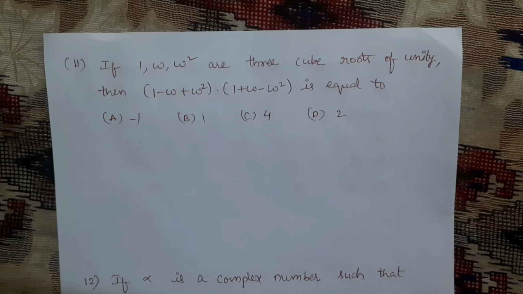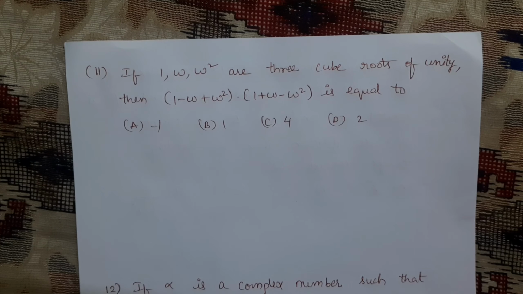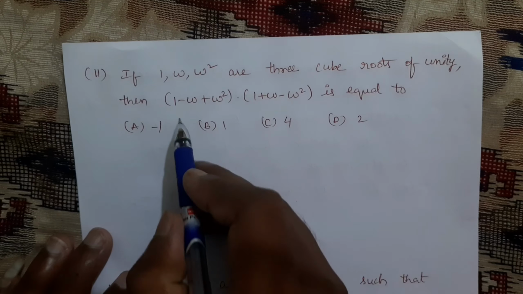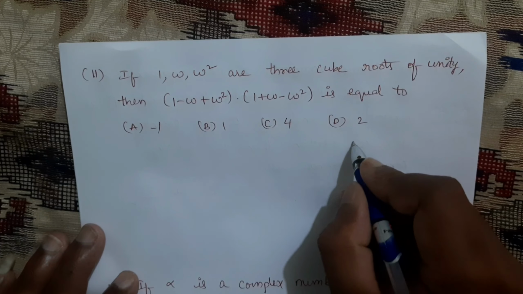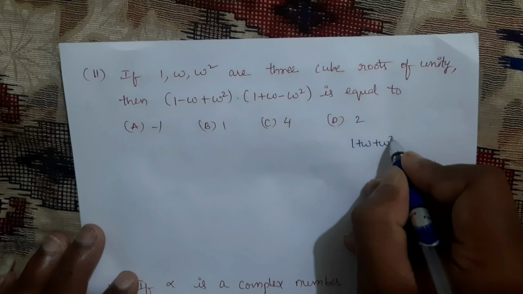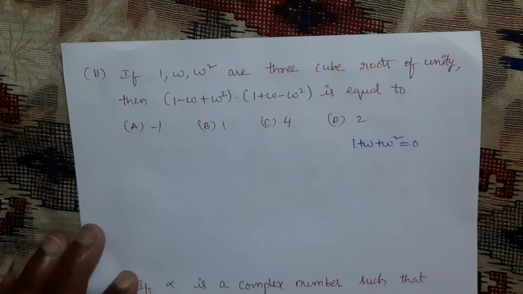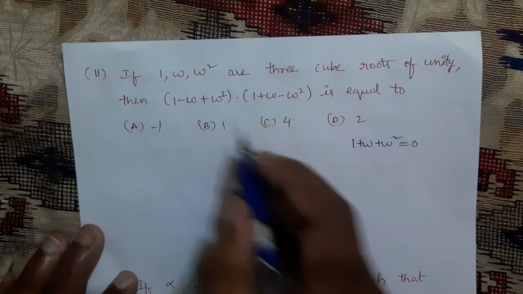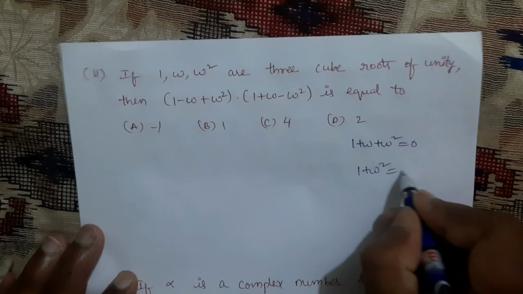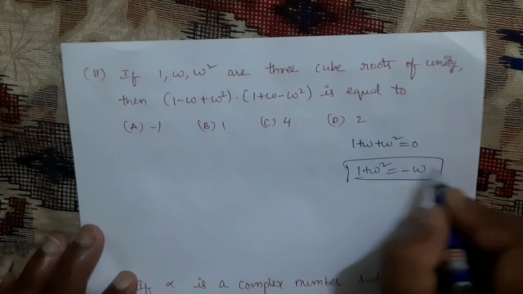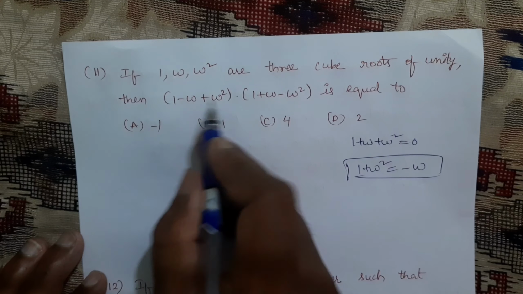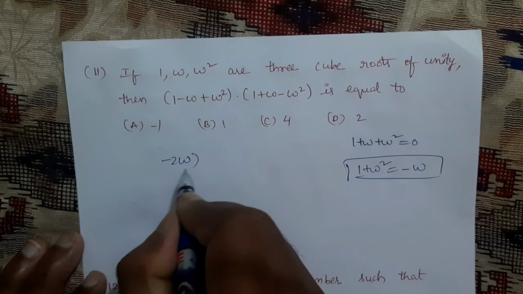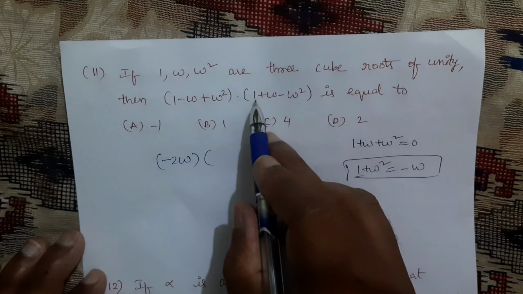If omega, omega square are the 3 cube roots of unity, then 1 minus omega plus omega square, we need to simplify this, as we have simplified in the previous question, like in the place of x we have substituted omega. Now here, 1 plus omega square is equal to minus omega, according to 1 plus omega plus omega square equal to 0. That means minus omega minus 2 omega into 1 plus omega.